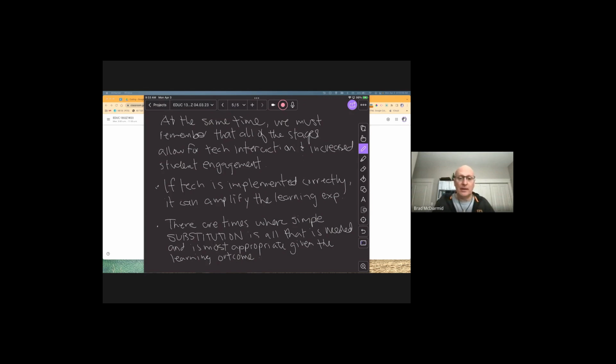And you know what? Just using a plain old calculator is fine. I don't need to be using a spreadsheet or some graphing calculator or some other fancy tool. I just need the good old fashioned $1 calculator from the dollar store. So there are times where substitution is all that is needed.